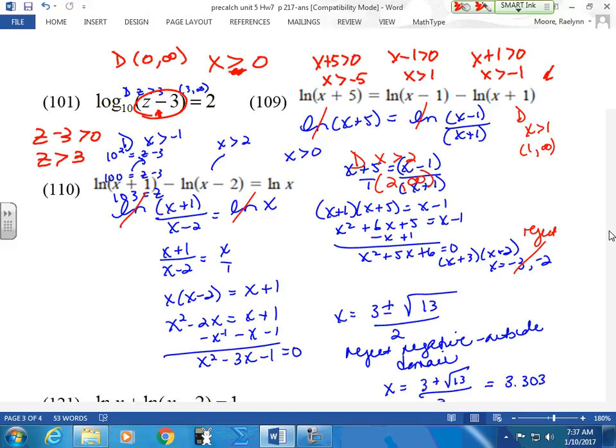What does our domain have to be if we have all three of those? Here's my line. Guys, you with me back there? Here's -5. Here's -1. Here's 1. One of them says this, one of them says this, and one of them says this. What is my domain?